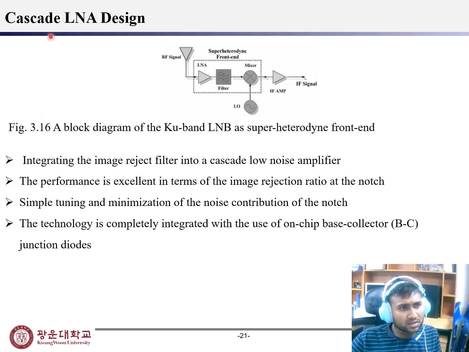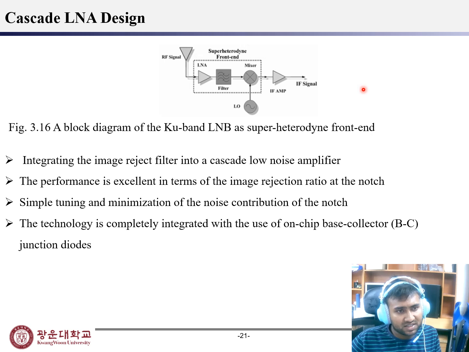Cascade LNA design. Here, Figure 3.16 is a block diagram of a Ku band LNB as a superheterodyne front end. Here the RF signal is input after filtration, goes into mixing and the IF amplifier, and we get the IF signal.